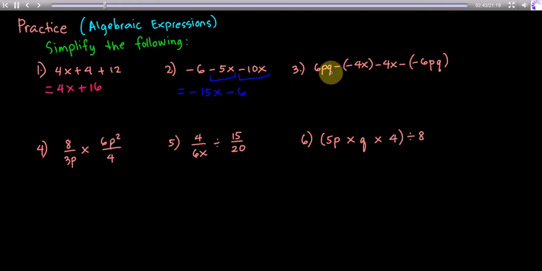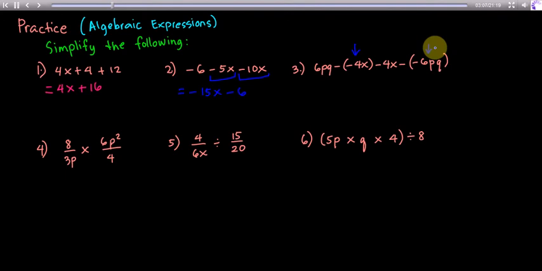The third one, 6pq minus the quantity of negative 4x, minus 4x, minus another quantity, negative 6pq. So first, we take note of those inside the parentheses.